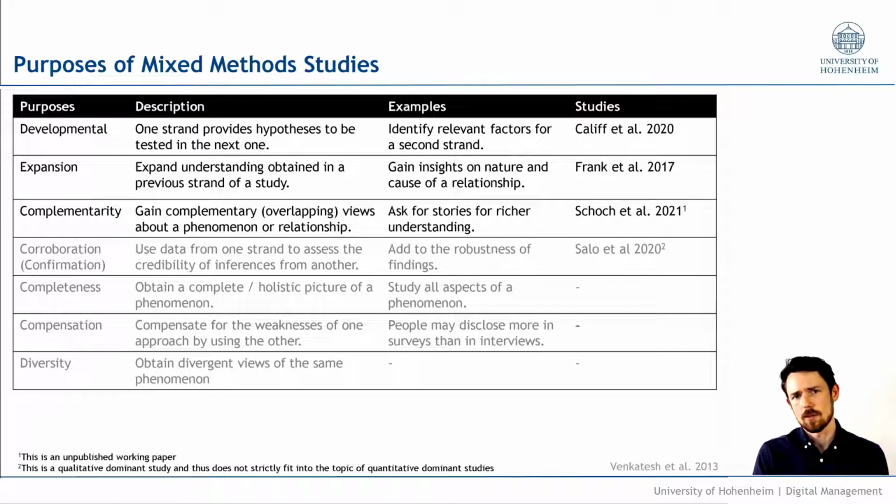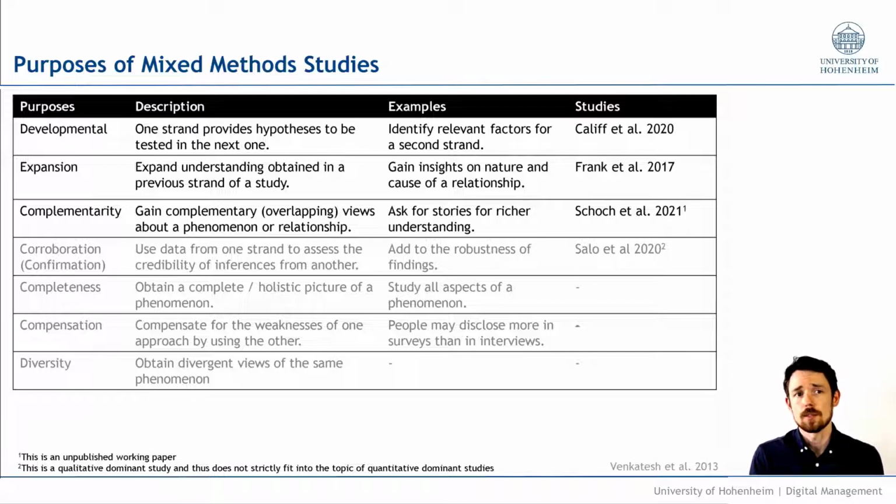And they found that some relationships maybe didn't turn out the way that they thought based on their qualitative data, so they went back to the qualitative data and saw, well, maybe there are some hints, maybe there's some reasons in there already why those relationships maybe didn't turn out to be significant in the larger population. So that's a developmental purpose.